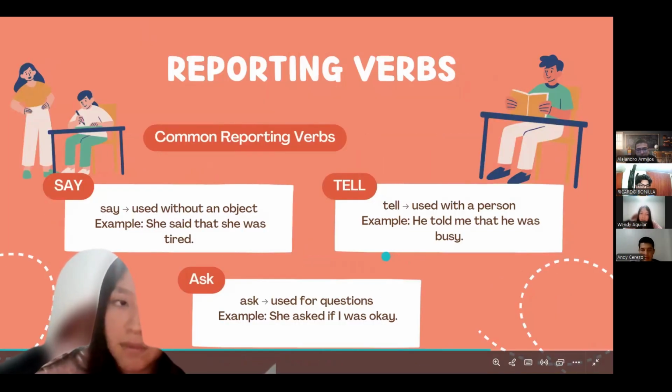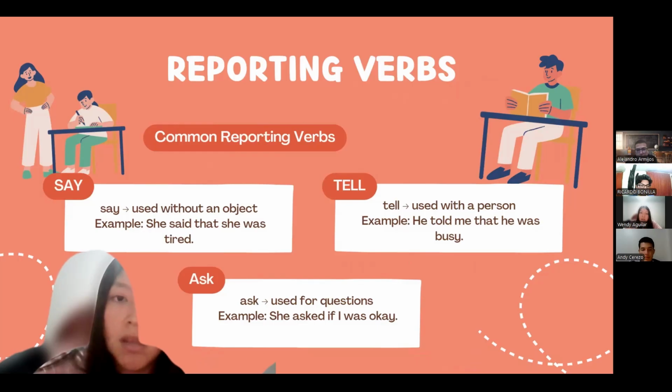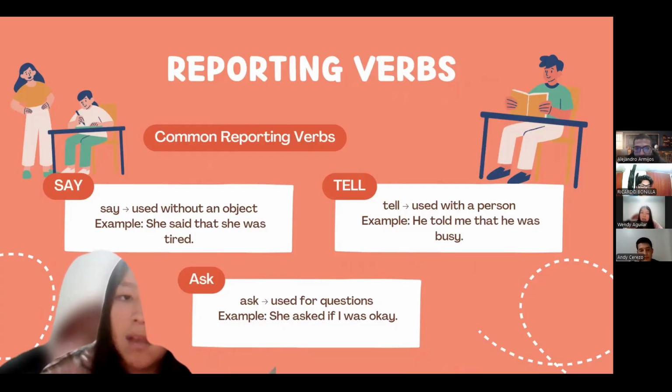Okay, now I will explain some common reporting verbs. Reporting verbs are verbs we use to introduce the reported information. The first verb is say. We use say when we mention information, but we usually don't mention the listener directly. For example, she said that she was tired.